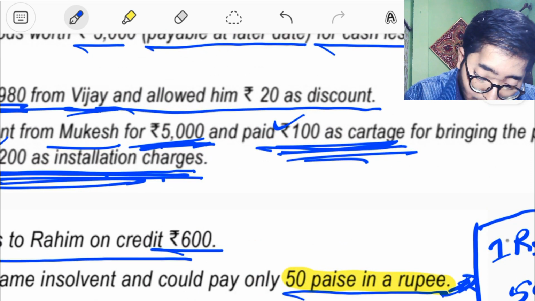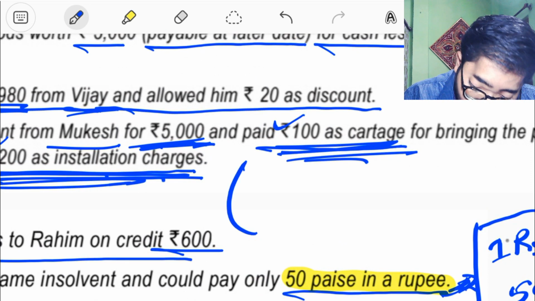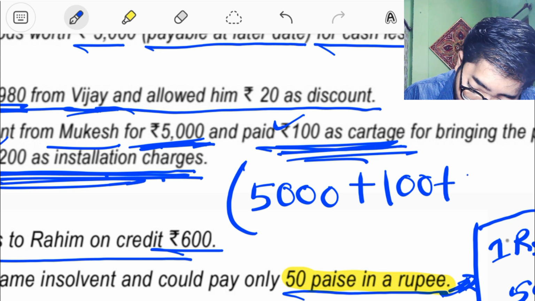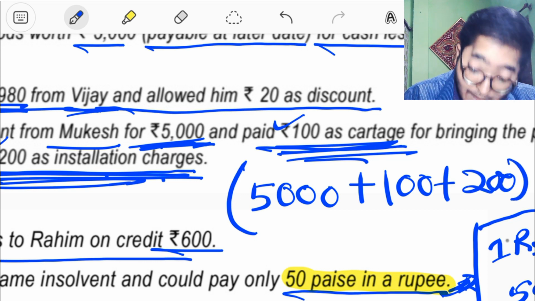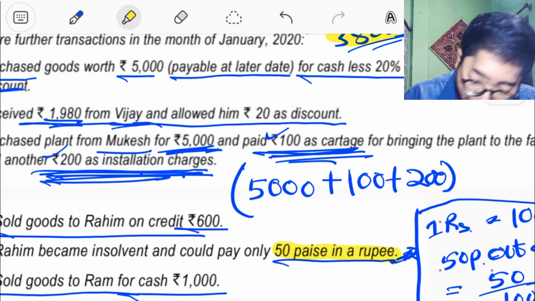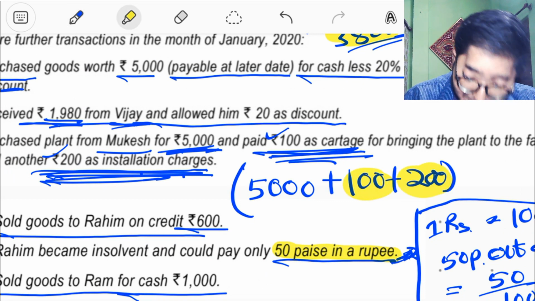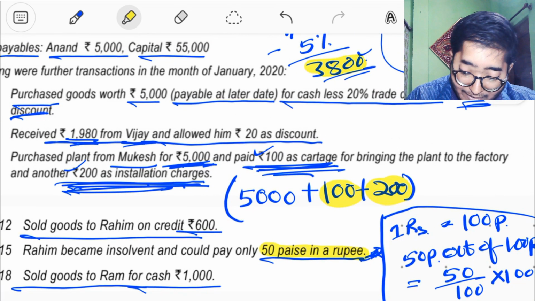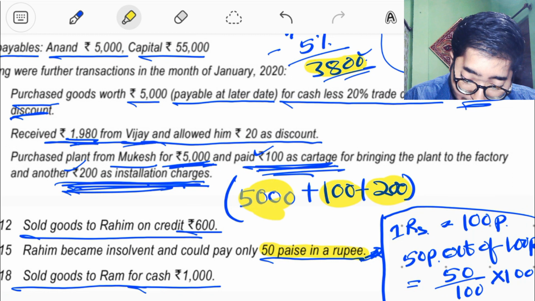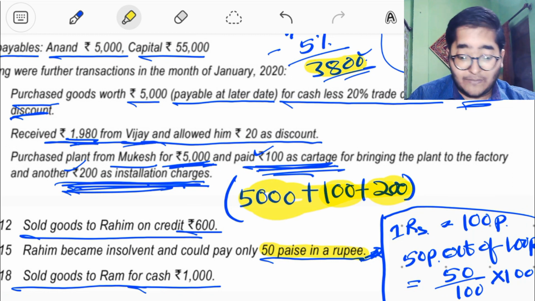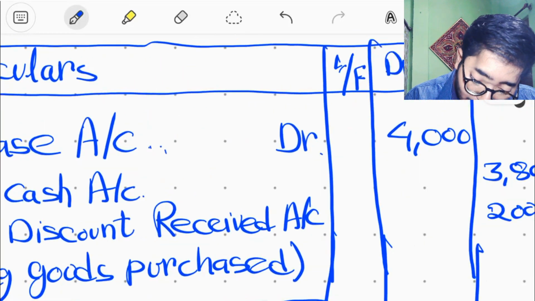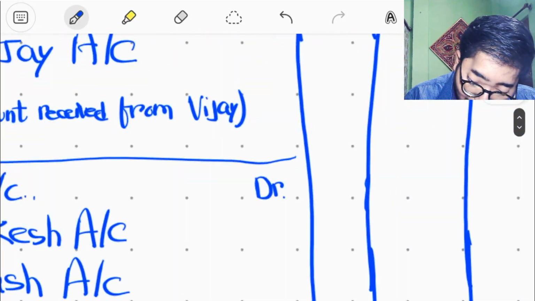So, what is the cost of the machinery? The cost of the machinery is 5000 plus rupees 100 plus rupees 200. Why? Because this 100 rupees and the 200 rupees is a once in a lifetime expense for the plant. That is why it should be capitalized. So these three form the cost or the price of the plant, 5000 and 300 rupees. That is why plant account debit.